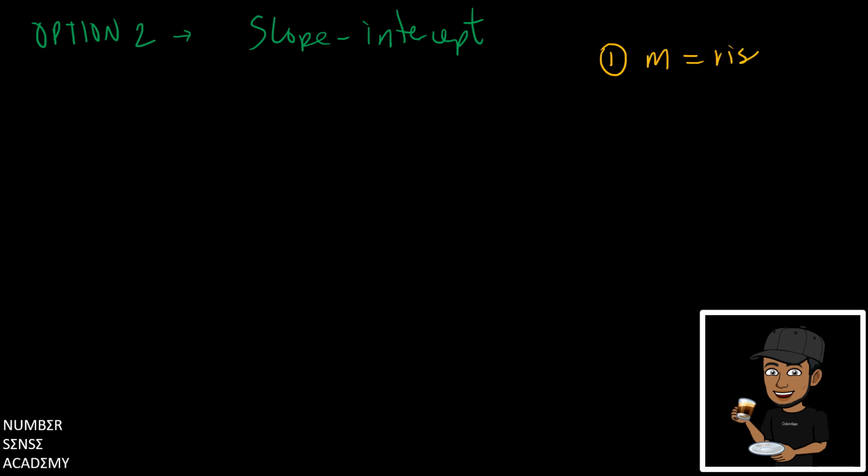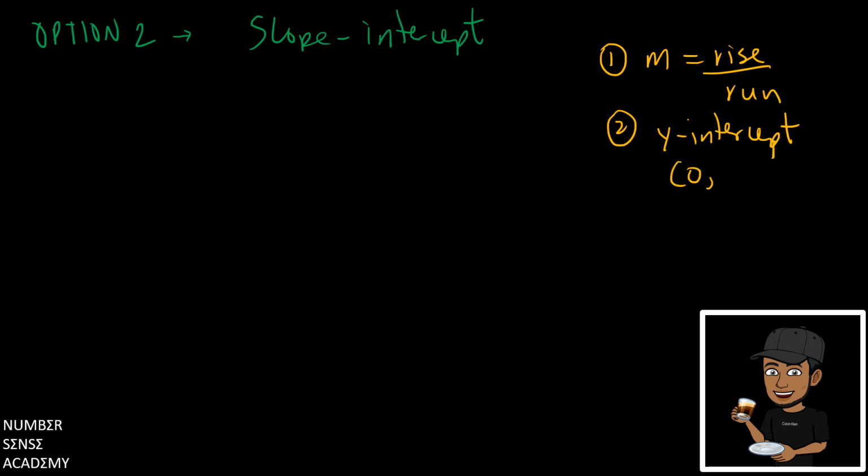Because that tells you the rise over the run. And then the second thing, you need the y-intercept. Because that gives you a coordinate that lies on the y-axis.